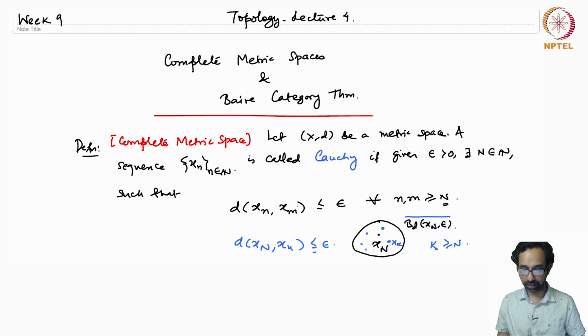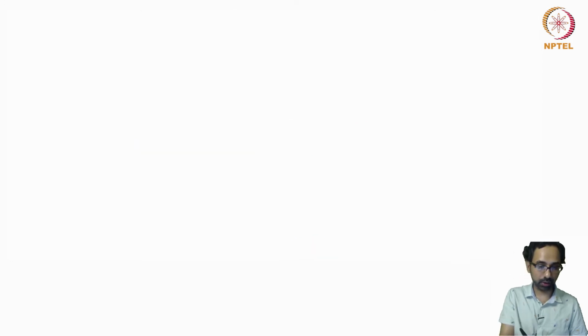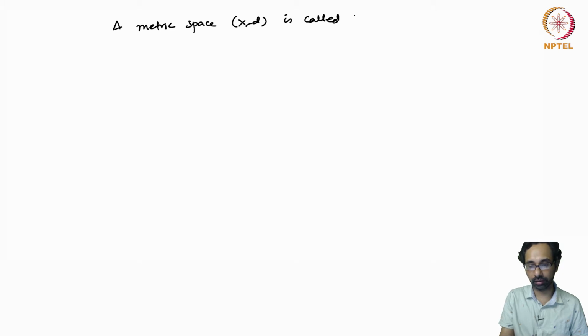So this is what a Cauchy sequence is in a metric space, and a metric space (X, d) is called complete if every Cauchy sequence converges.